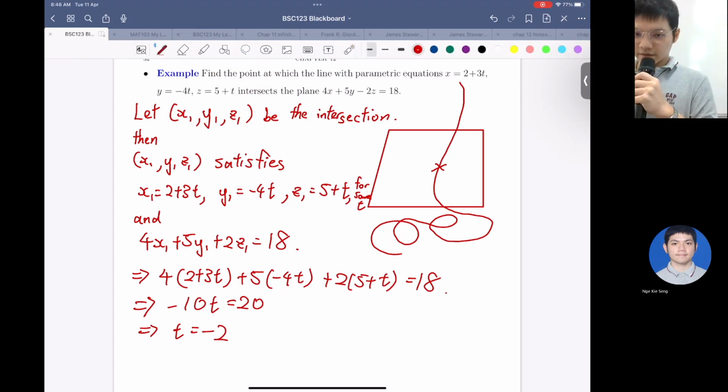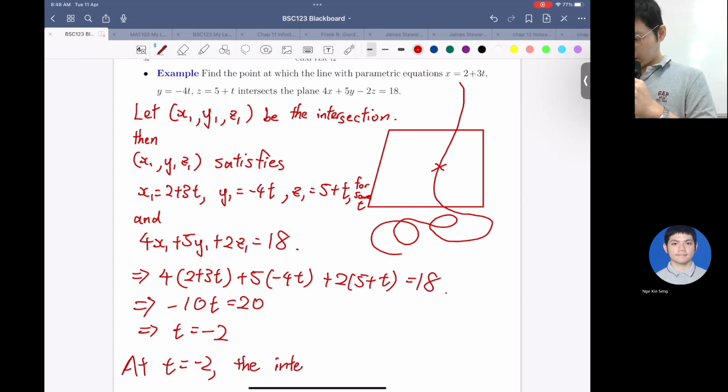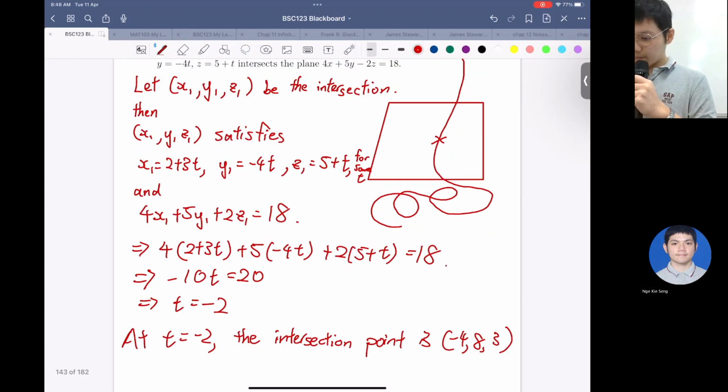At t equals minus 2, the intersection point is minus 4, 8, 3. You sub it back into your line.